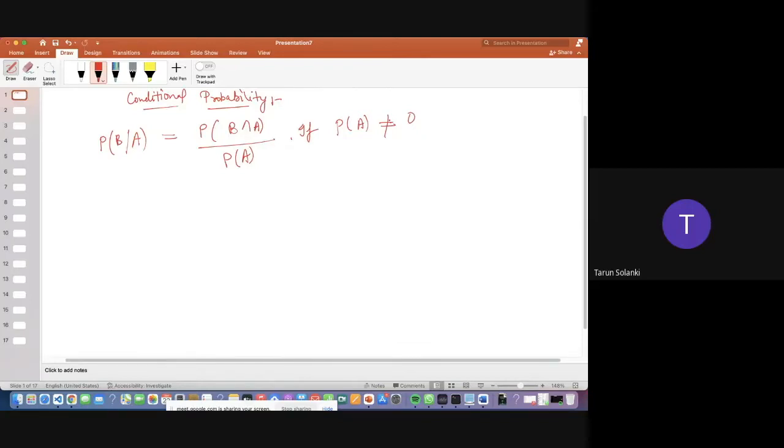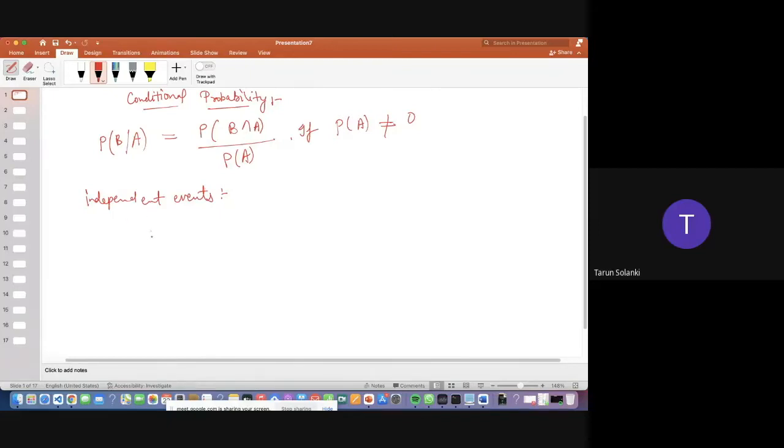Correct. So if we talk about the independent event, that is, if the occurrence of the event A does not depend on the occurrence or the non-occurrence of event B, then A and B are said to be independent events.